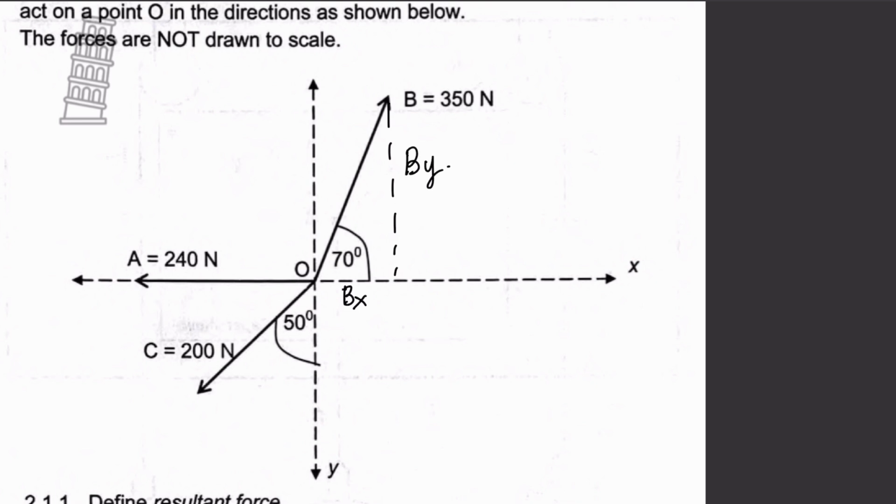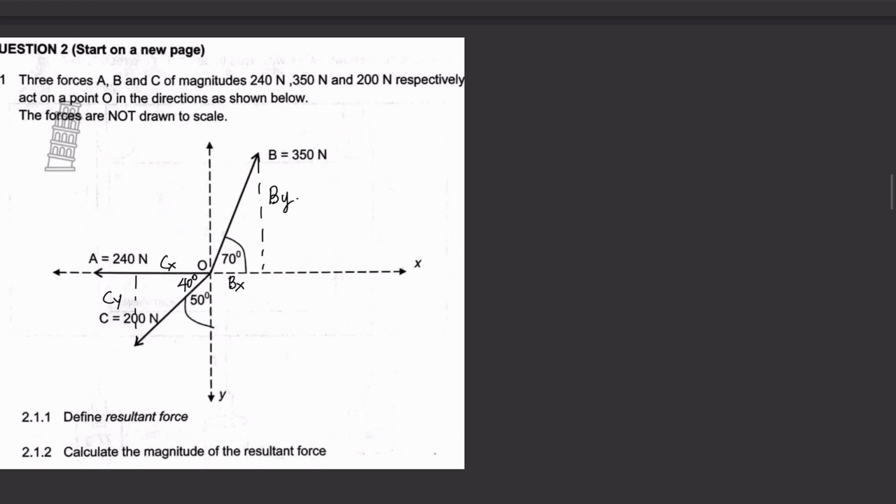Then let's look at C. If that angle is 50, this angle here must be 40. This is going to be CX, and that's going to be CY. And then A has no components. It's acting in a straight line. So let's do our components.